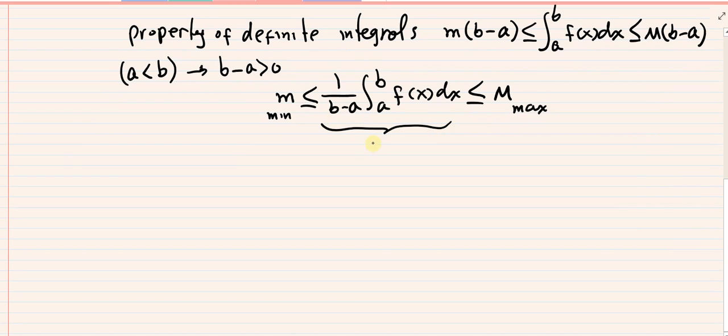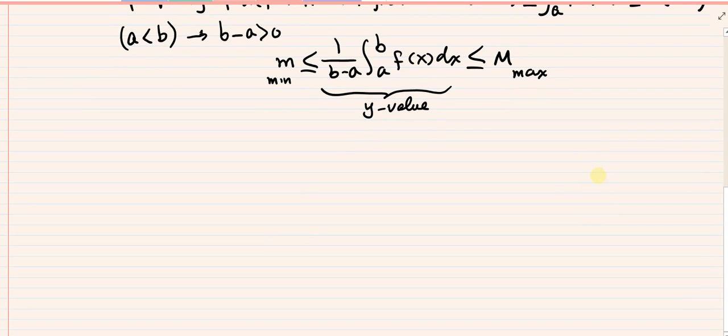Now this value that's inside is going to be some y value, right? Call it a value for y. At this point, we're going to cite another theorem.